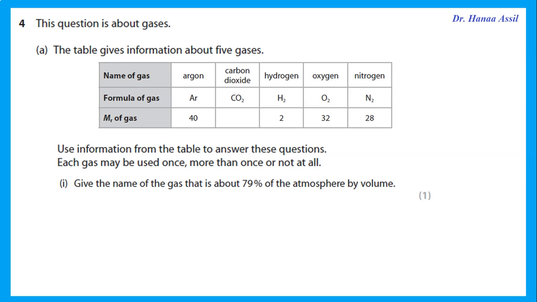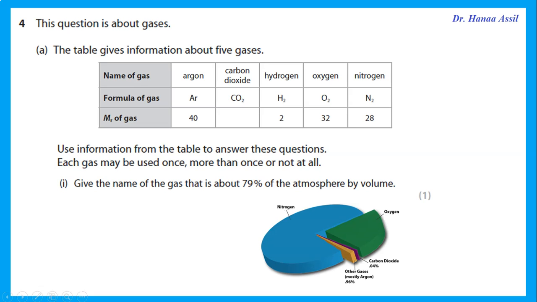Then the table gives information about 5 gases, and the question is, use information from the table to answer these questions. Each gas may be used once, more than once, or not at all. Give the name of the gas that is highest percentage in air, 79% in air. Which of these gases is 79% in air?